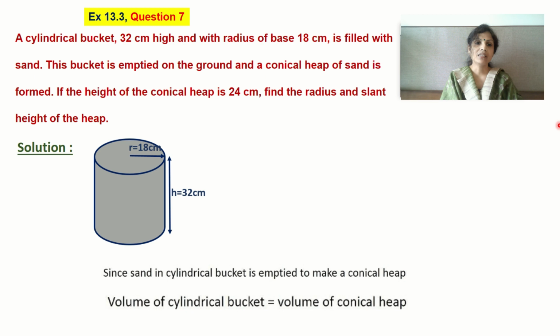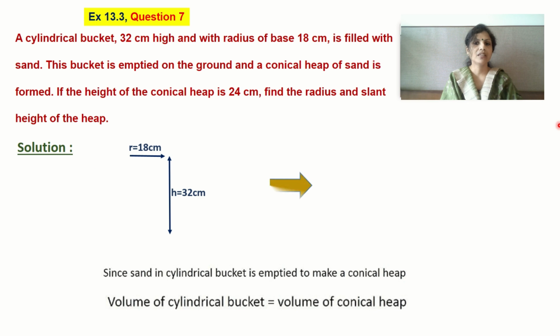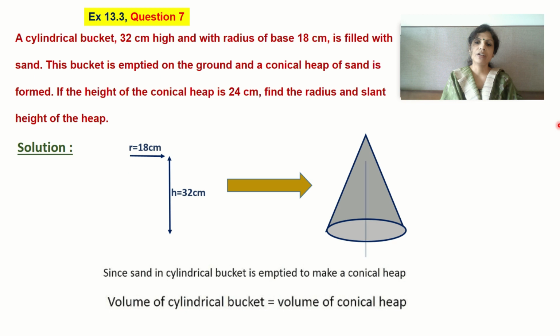Now this bucket is emptied on the ground and what we get is a conical heap, and the height of the conical heap is given to us as 24 centimeter. What we have to find is the radius of this conical heap and the slant height of the conical heap. So this is how the figure is made.